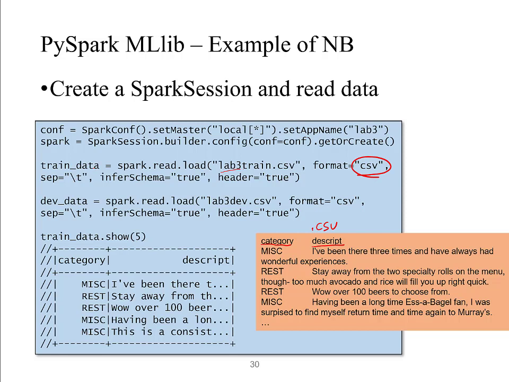All right, so we need to read in train data and development data. Here the format is CSV, and this is the separator in a CSV file. Here it is actually a tab.